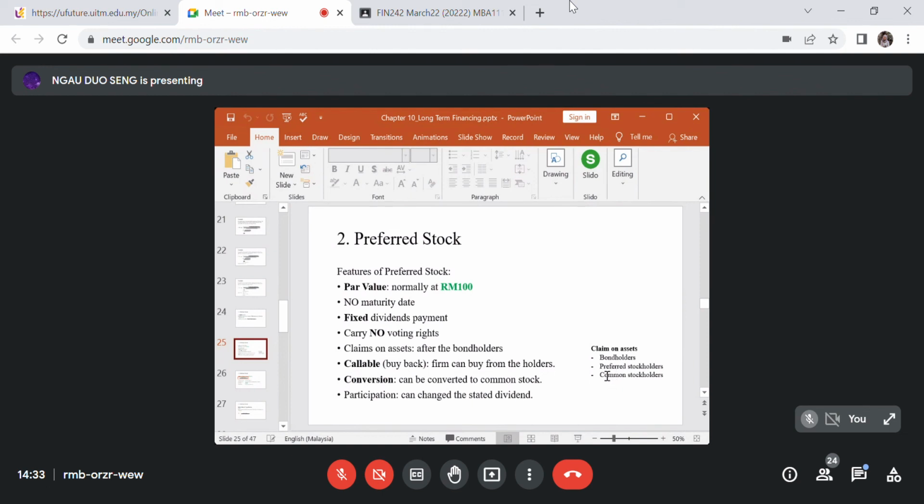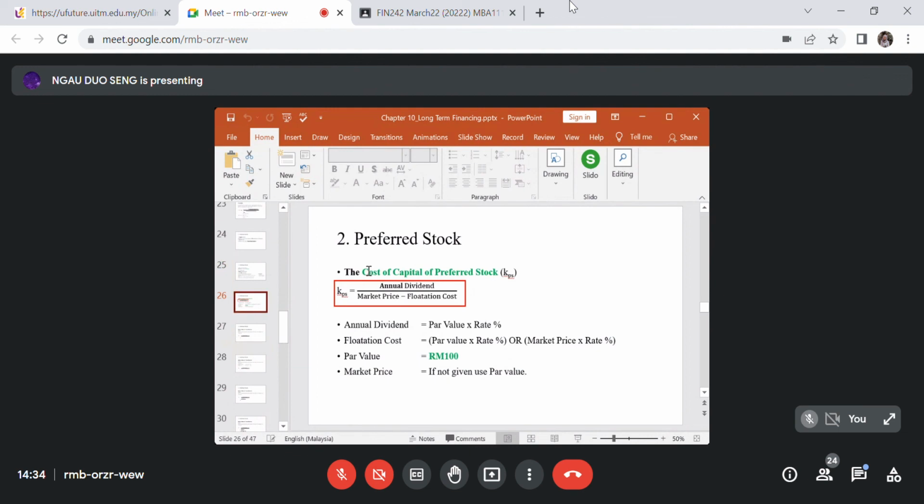Dia adalah dia punya nisbah dia. So mungkin 2 preferred stock bertukar, boleh tukar 4 common stock contoh. 2 preferred stock bertukar atau bersamaan dengan 4 common stock. So then you can change if you want. Right, and participation can change the stated dividend. So dia boleh menyuarakan, they can also change in the meeting if they want to change based on majority.